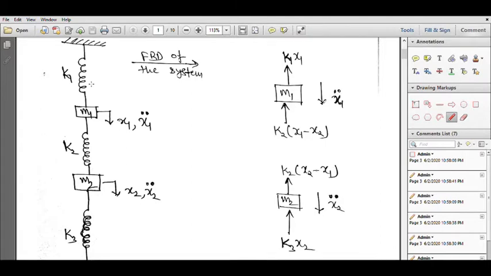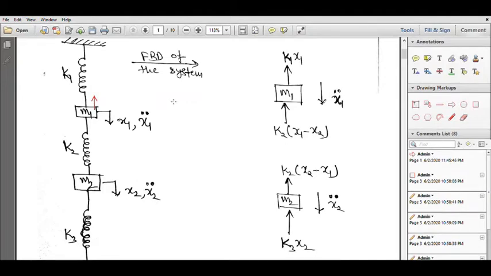The magnitude of this restoring force will be K1 x1, and because the mass m1 is moving downward, the force generated in spring K1 will be in upward direction.